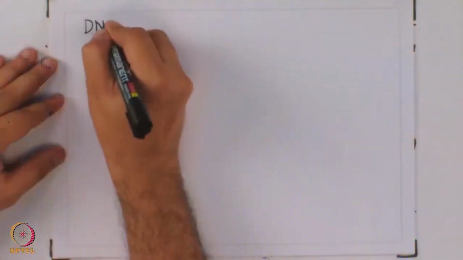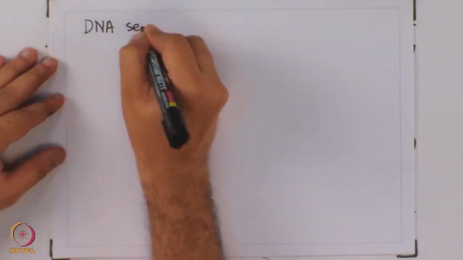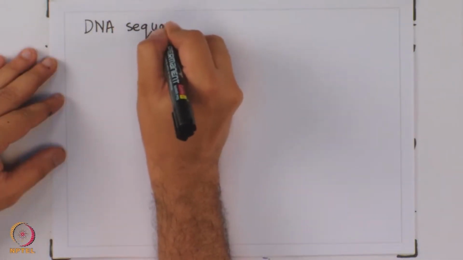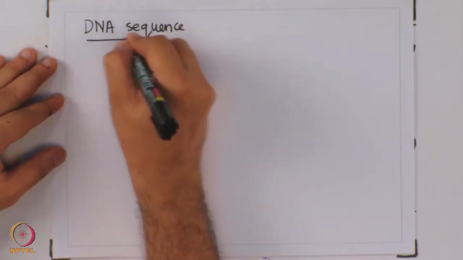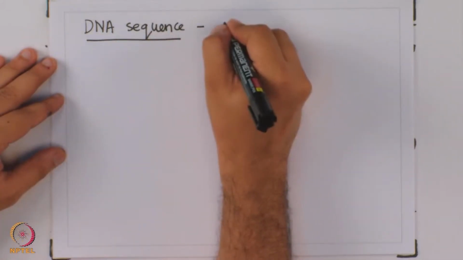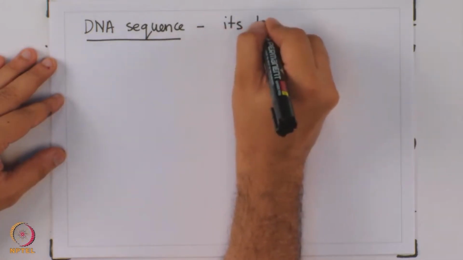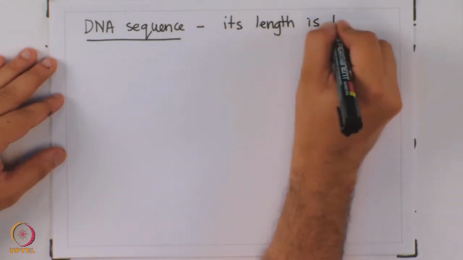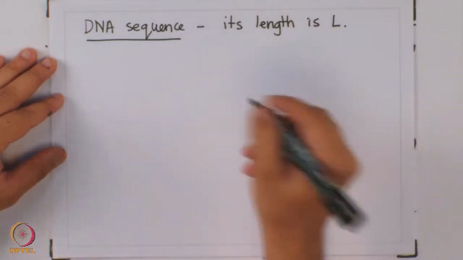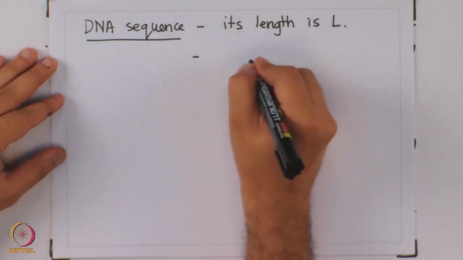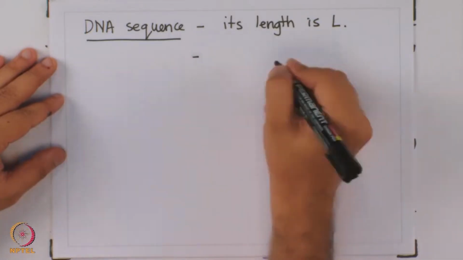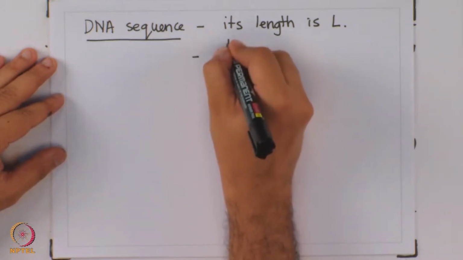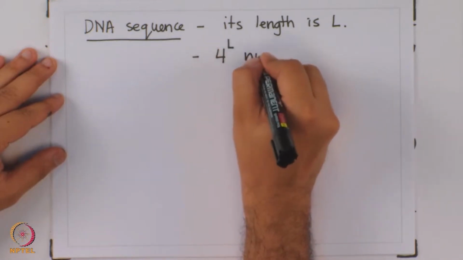So, we have a DNA sequence and its length is L, and we have already done that if we were to define a sequence of length L, there are 4 to the power L number of sequences.